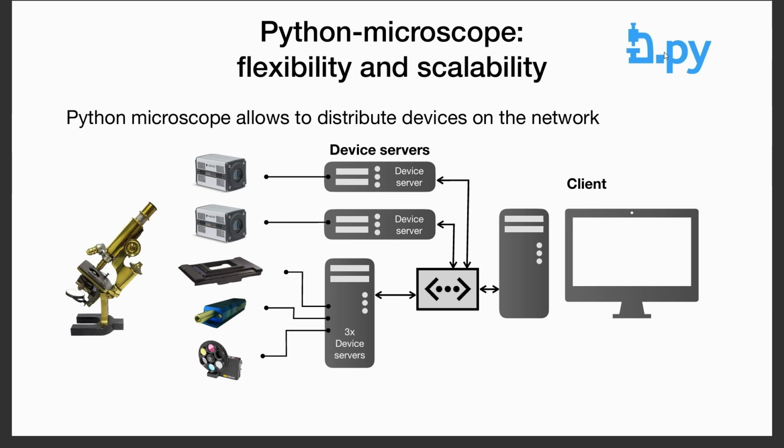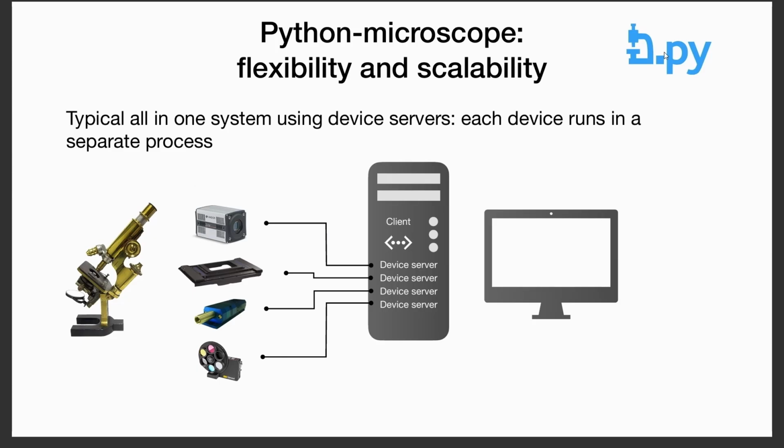You can mix them as you want. Then you have another computer which controls, as a client, all these devices. In practice, you can do this on one single computer, just launching different device servers on the same computer.